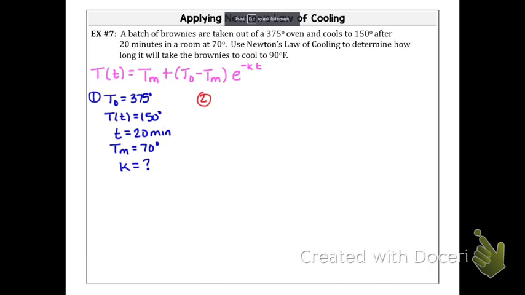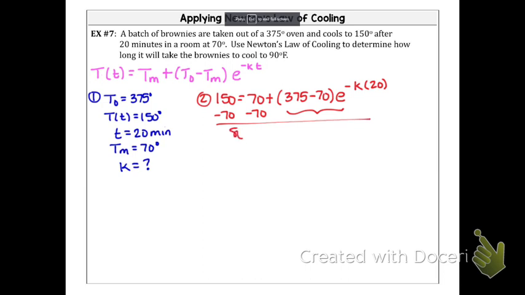So I'm going to use the formula to find my k. Plugging it into my formula, I know T of t is equal to T sub m plus T sub 0 minus T sub m times e raised to the negative k times t, which we said was 20. So we're going to simplify this. I'm going to subtract those, and I'm going to move this 70 over. So we get 80 equals 305 e to the negative 20k.